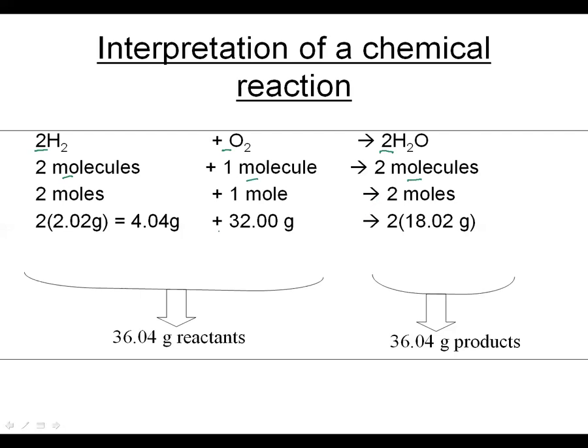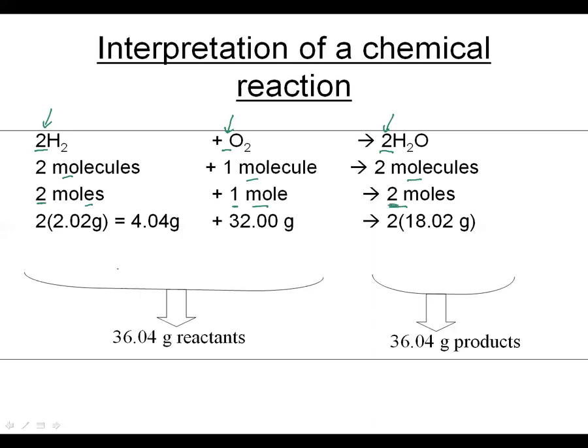We could also say that 2 moles of H2 react with 1 mole of O2 to give us 2 moles of H2O. There's no tricky math going on. The numbers we see here are simply the coefficients from the balanced equation.